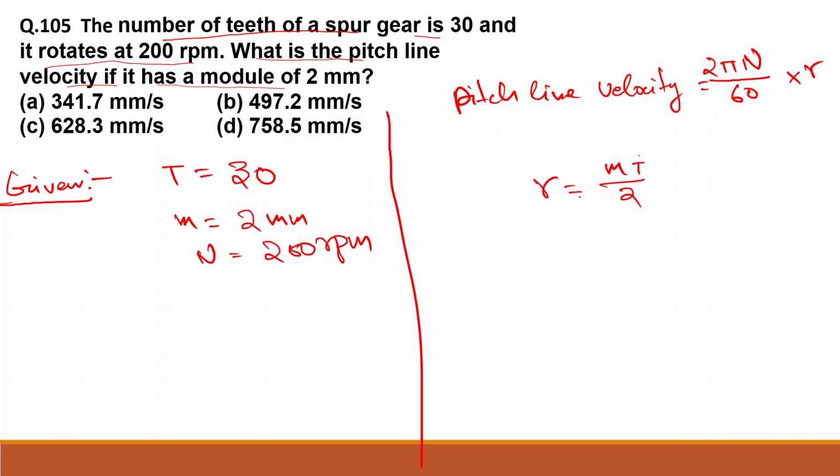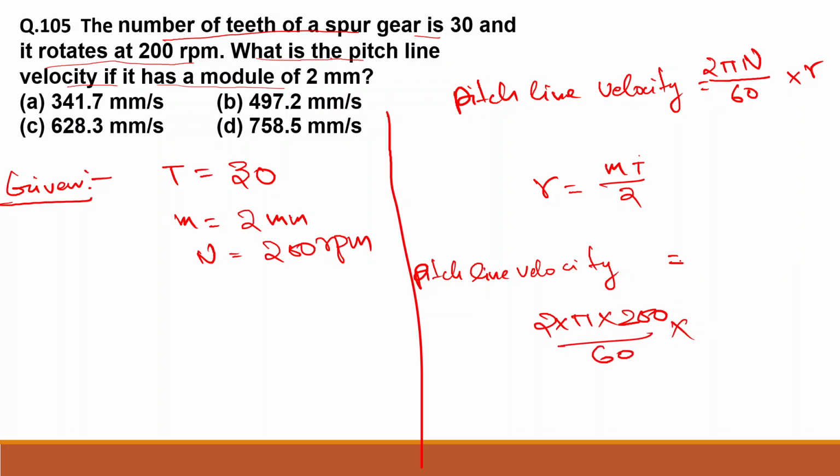By applying this, I will directly write here on the pitch line equation. So don't worry. Pitch line velocity is equal to, I will be writing here because I will not get the space here, 2 into pi into N, whose value is 200 upon 60, and r value is equal to mT, which is 2 into 30 upon 2.